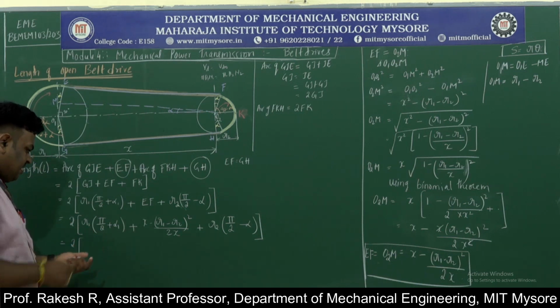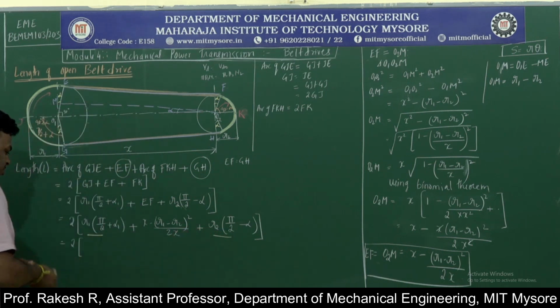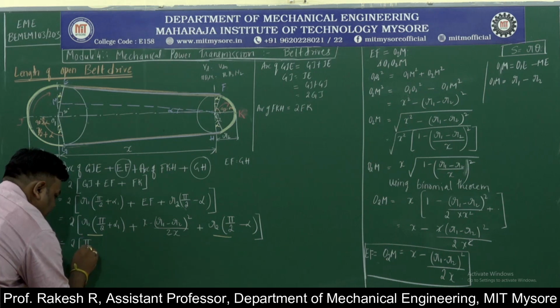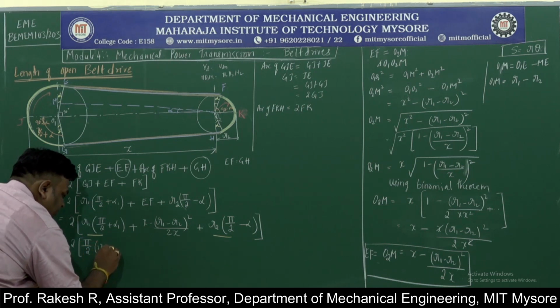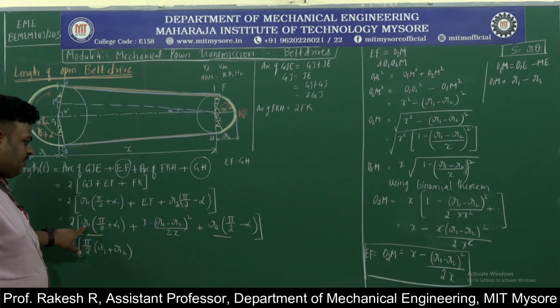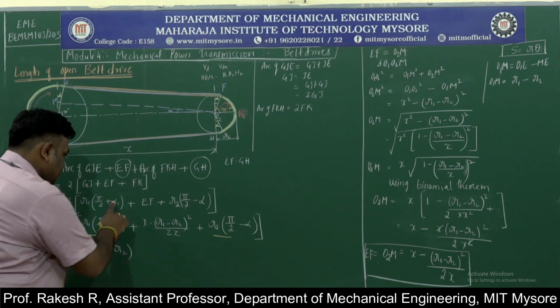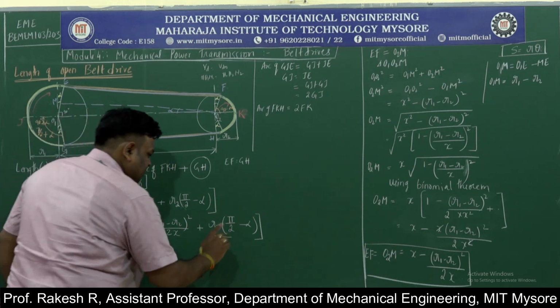Pi by 2 is here, this pi by 2 and this pi by 2, I will take common. So pi by 2 into R1 plus R2. So this is also plus pi by 2 into R1 plus pi by 2 into R2. Then plus alpha, this is not alpha 1, this is just alpha.